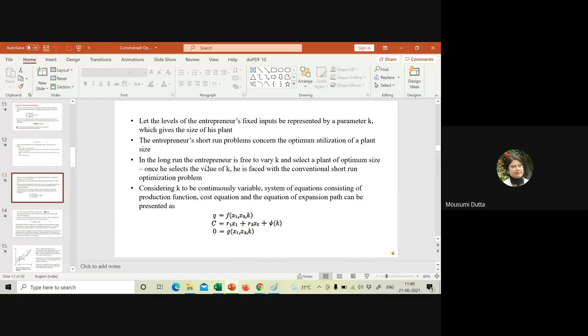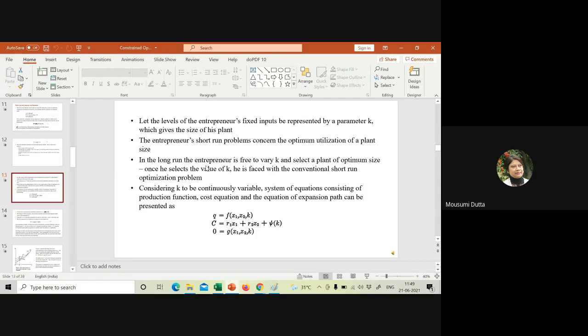So we are clubbing all these matters which are based on the size of the plant, and we are considering this as a fixed component for a particular short run. However, in the long run, you have options. And whenever you are selecting something, you are at a particular short run. This is the idea.